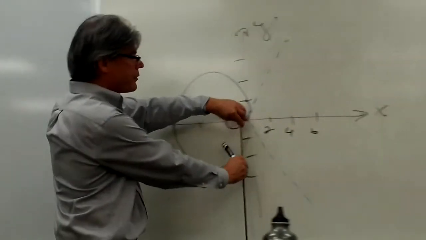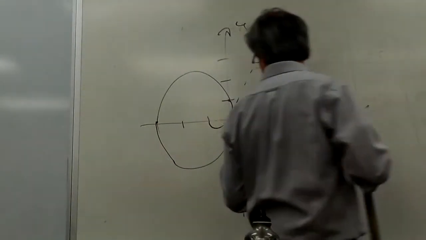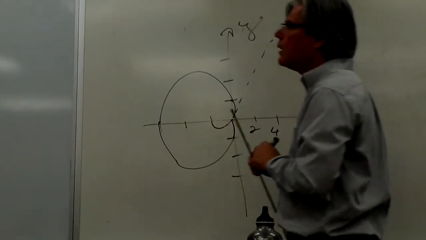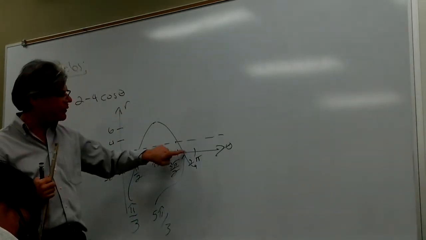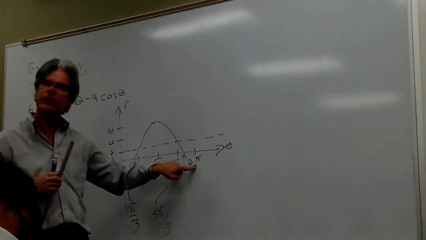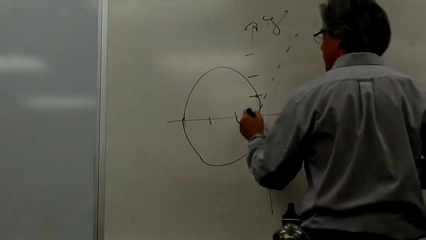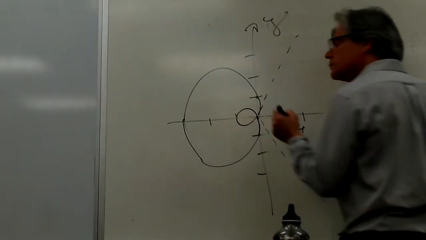So as I rotate from here to here, r decreases from 2 down to 0. And finally, as theta continues to increase from 5 pi thirds to 2 pi, my r values become more and more negative, until I finally complete one full revolution at 2 pi, where my r value is as negative as -2.